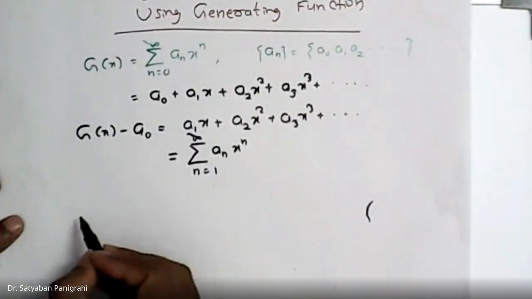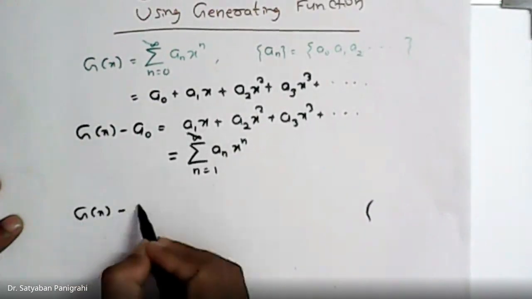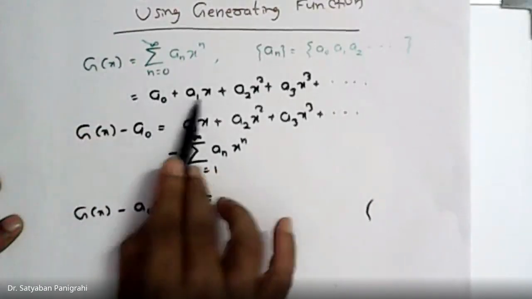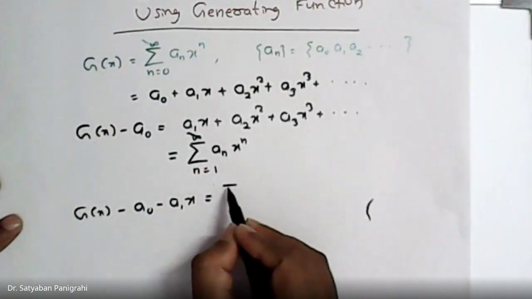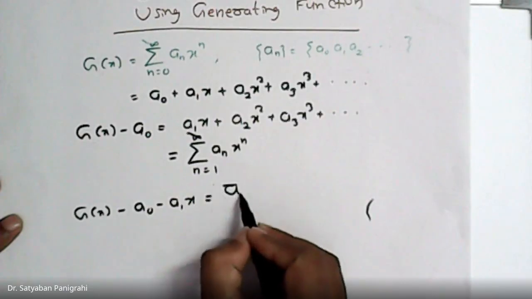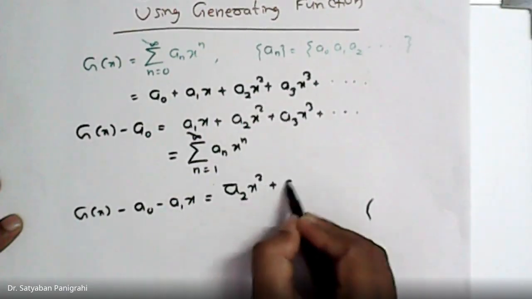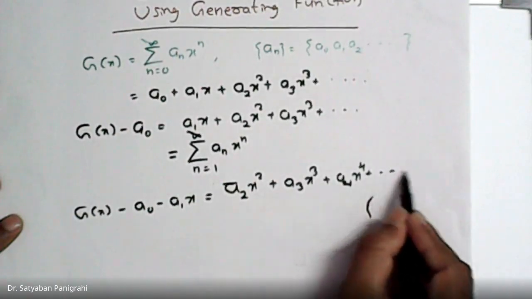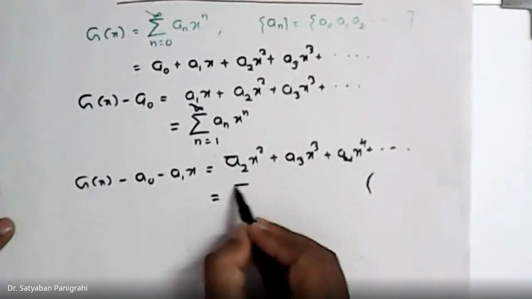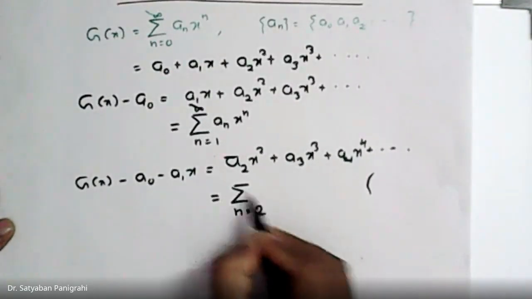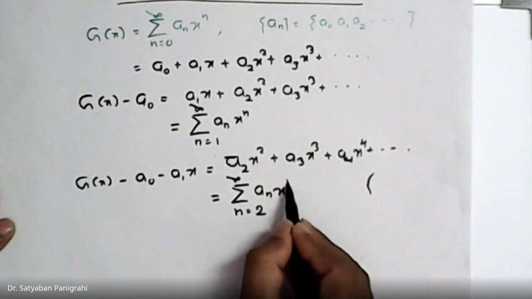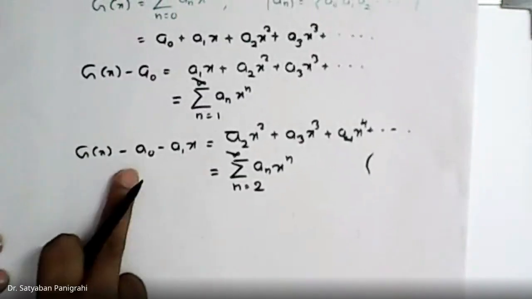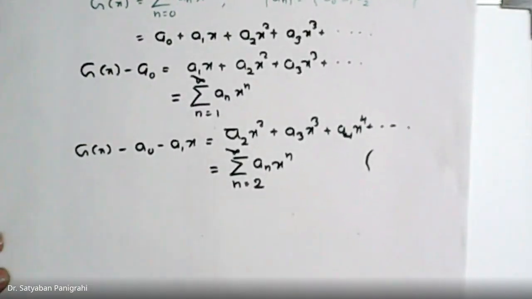Similarly, we can write for g(x) minus a0 minus a1x. So this will be a2x square plus a3x cube plus a4x^4 plus so on, or simply in the summation form, n equal to 2 to infinity a_n x to the power n. In similar way, we can write for g(x) minus a0 minus a1x minus a2x square and so on.